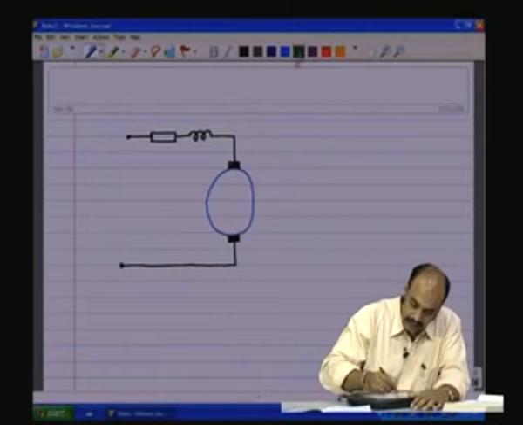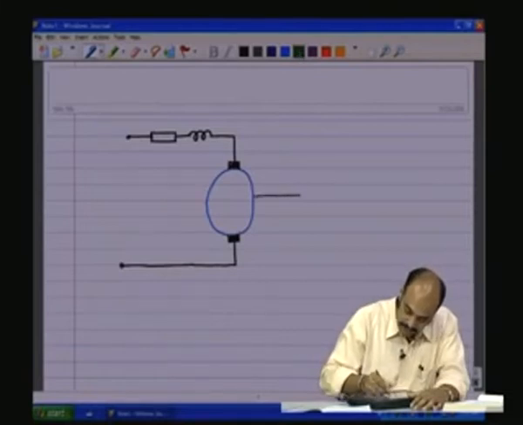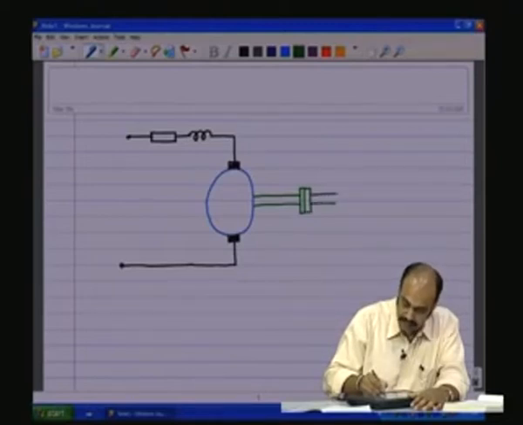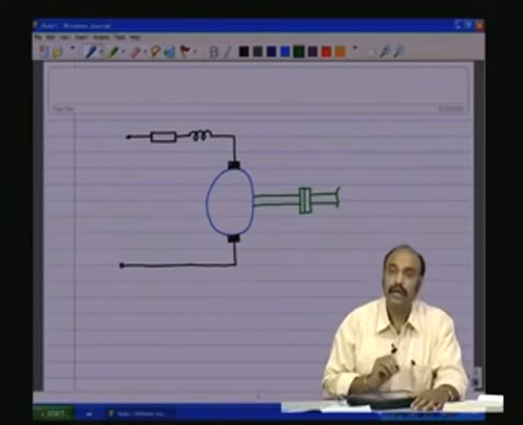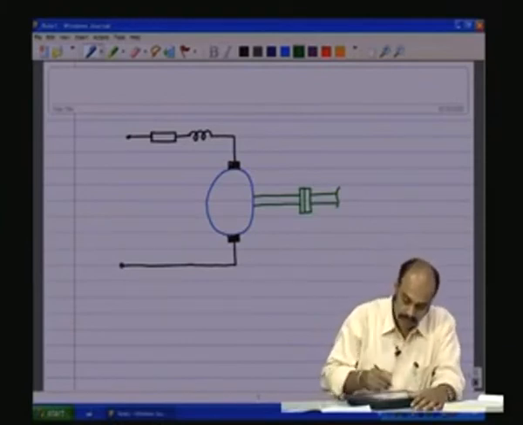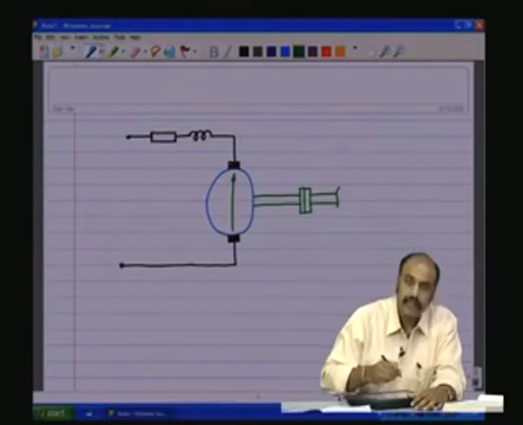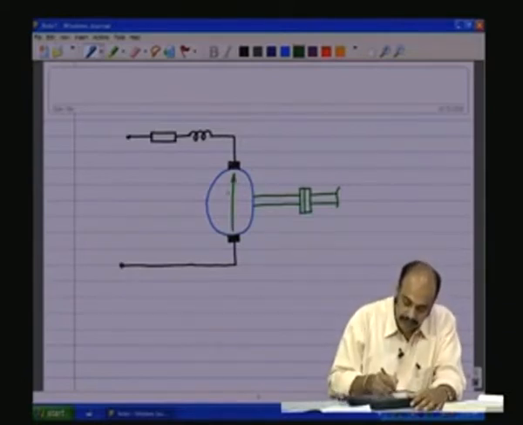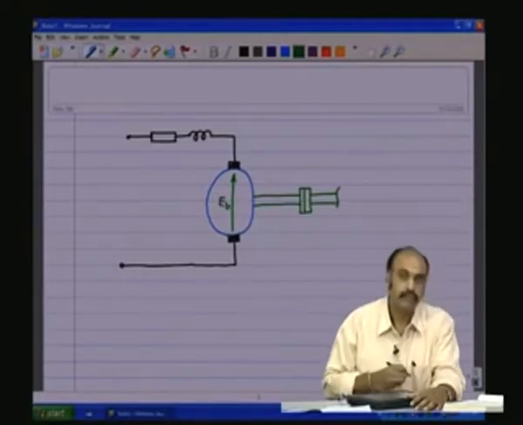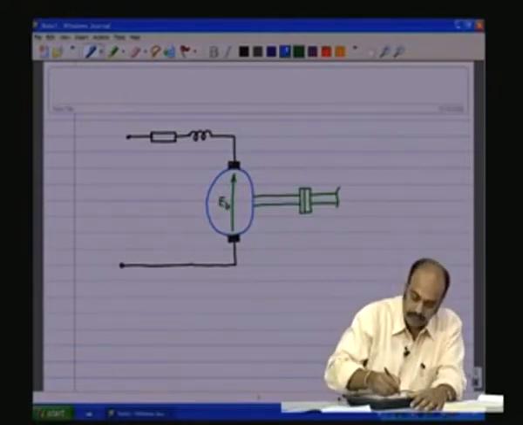Now, this is the DC motor which has a mechanical shaft, and we said that in the case of the motor, the energy is moving from the electrical domain to the mechanical domain, and the mechanical loading gets reflected on the electrical domain as back EMF across the brushes.